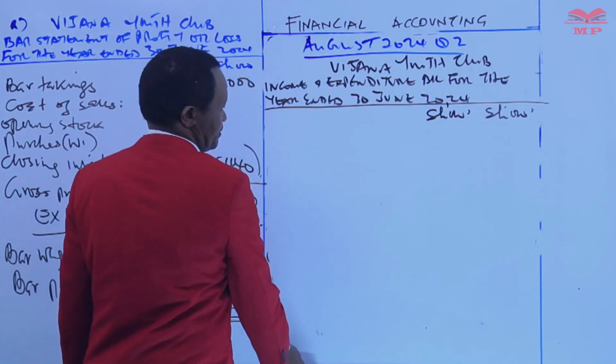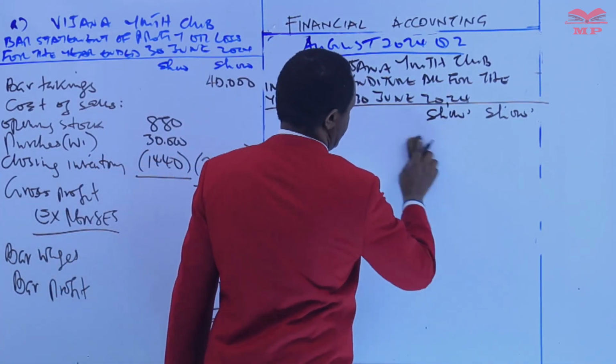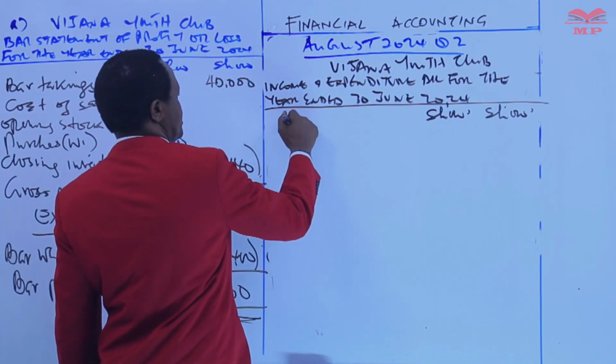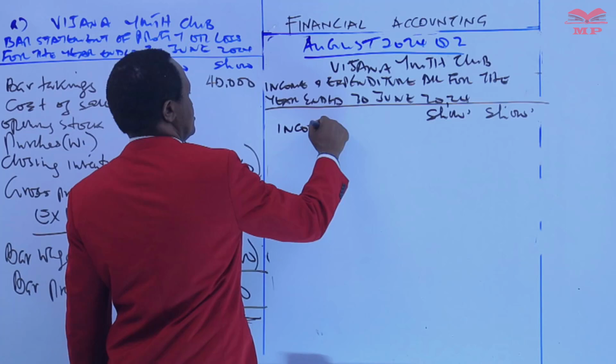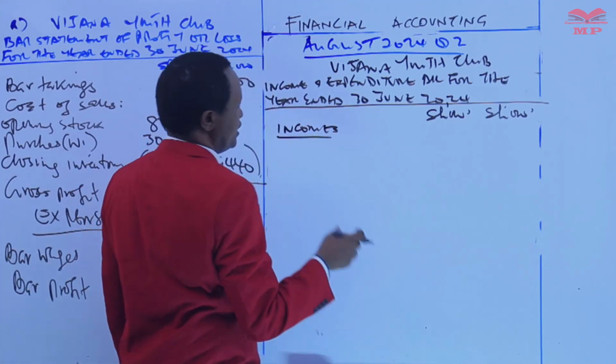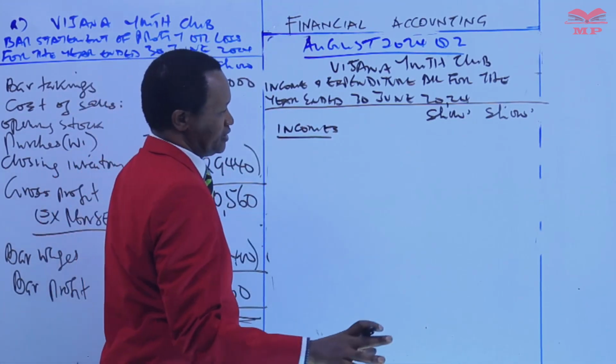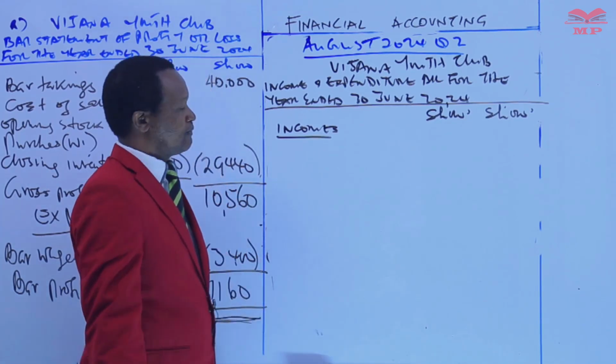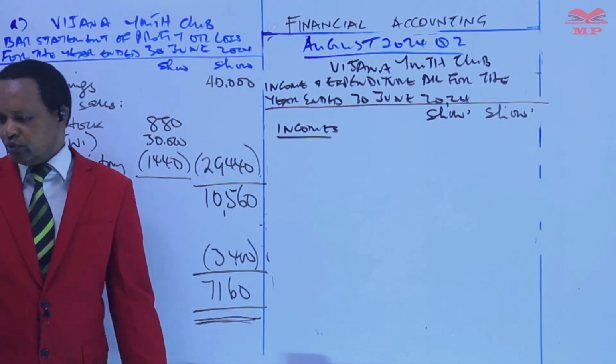Income and expenditure. So let's begin with the incomes. Then from the incomes, we deduct the expenses. Then we either have a surplus or deficit. So look at the question. Which incomes do we have?